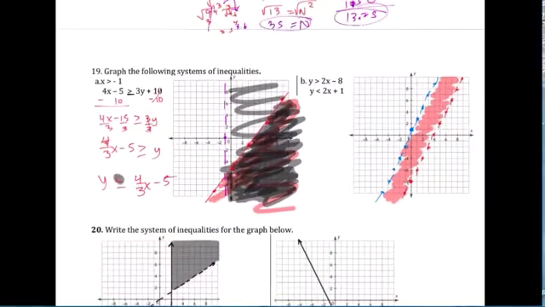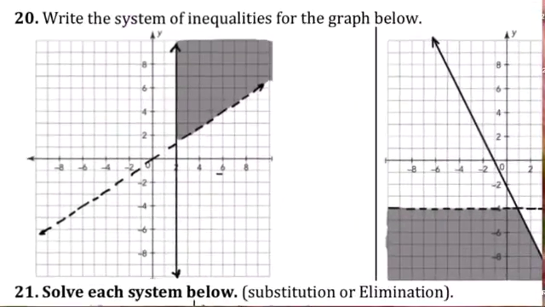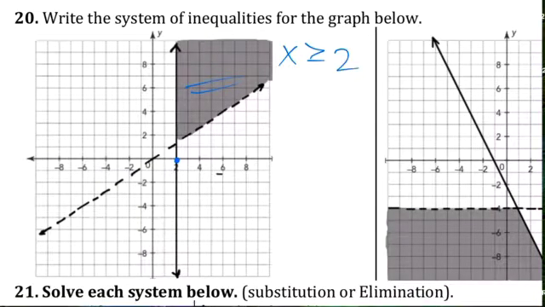Okay, computer, I can just press it. Write the system of inequalities for the graph. This is x is greater than or equal to 2. And then y equals mx plus b, b is 0.